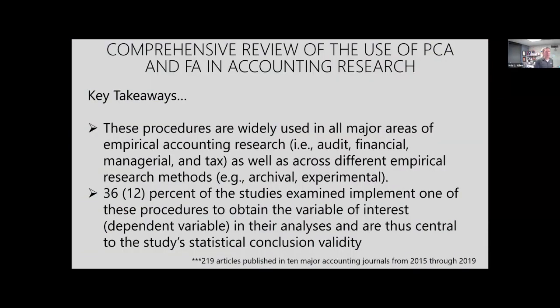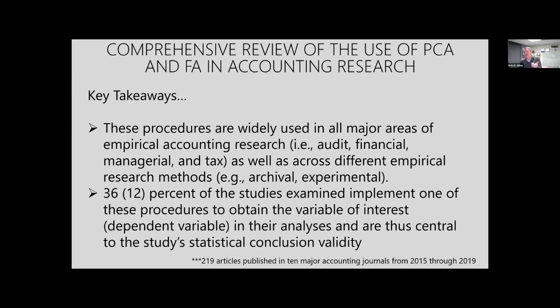So, some key takeaways. I have some statistics later on this stuff, but it turns out that both PCA and factor analysis are used across all different types of accounting research. Specifically, we find that 32% of studies examined implement one of these procedures to obtain a critical measure, in this case a variable of interest in their study, and 12% use it as the dependent variable.